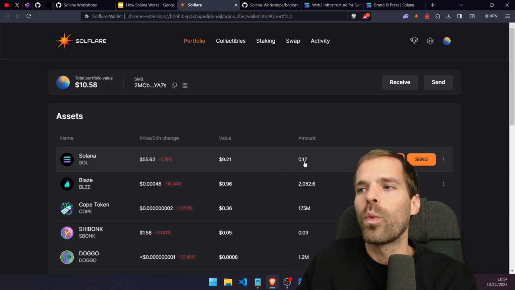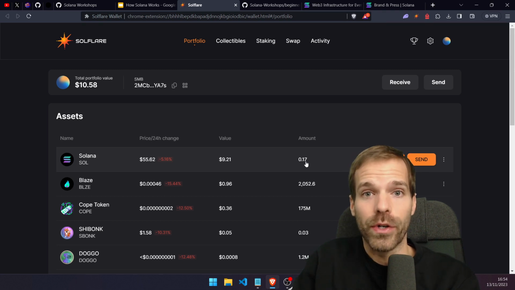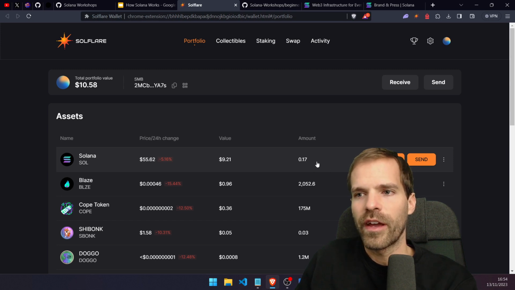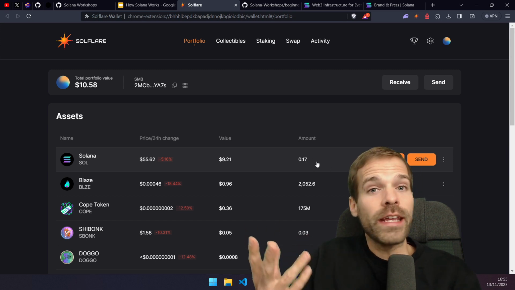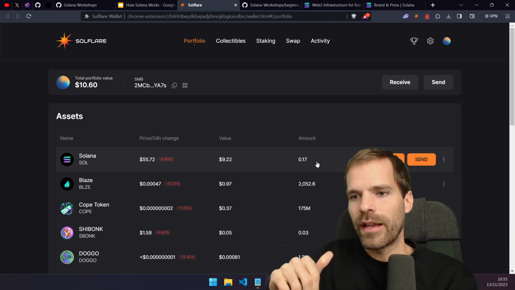So 0.17 Sol would actually be 170 million lamports. 7 more zeros here. That would be the amount in lamports. Internally in our database, that's how it's stored, in lamports. Lamports are the basis points for Sol.